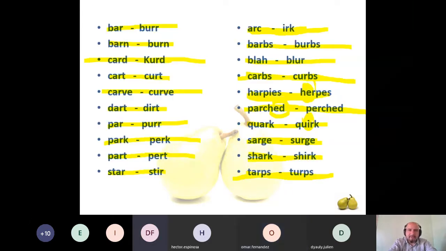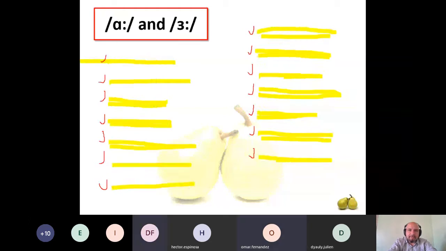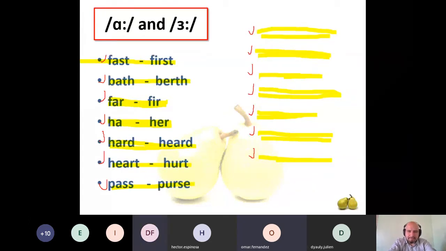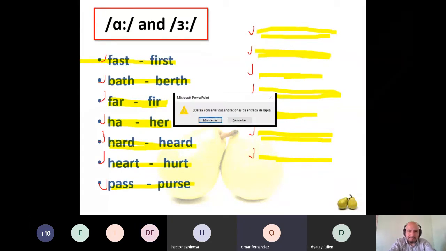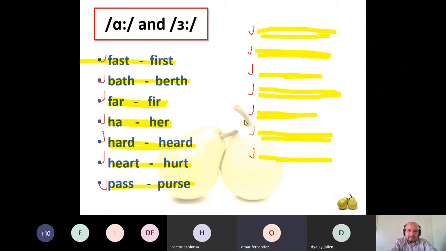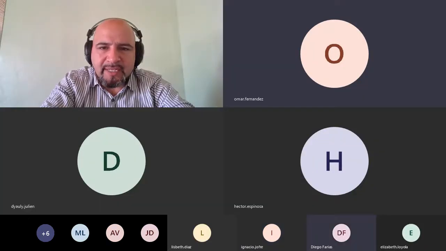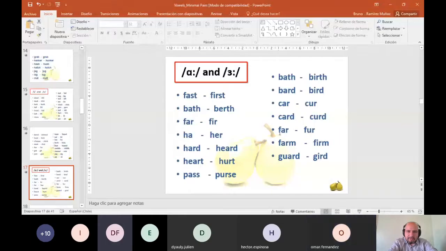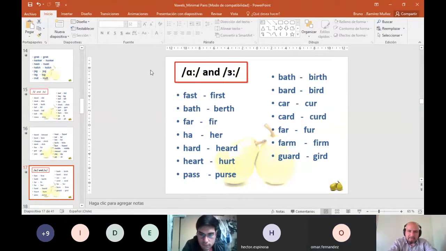So what I want you to do is I'm going to read aloud one of these words, okay? And you're going to write, are you seeing the slide that I'm showing you?